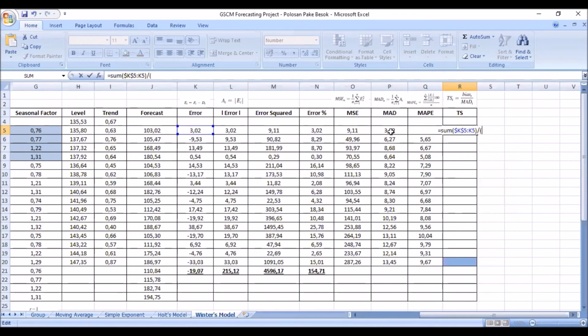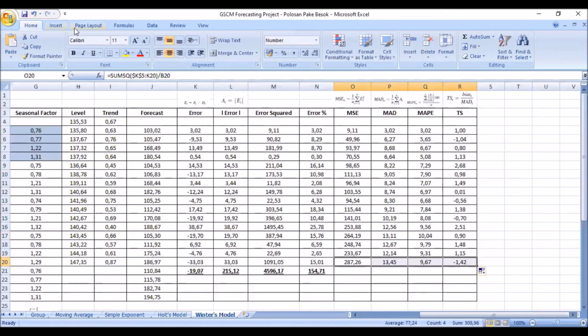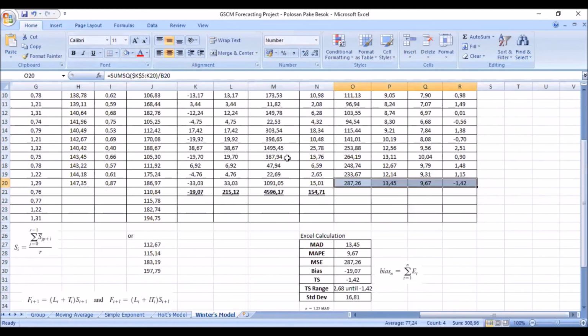We're also going to click the MAT cell, and don't forget to stabilize the first value of the cell using F4 and just enter it. And take it down until the end. And there you have it. We finally found all of the error measurements, and don't forget to highlight them using background colors, maybe blue or water. After that, we finally found our calculation.